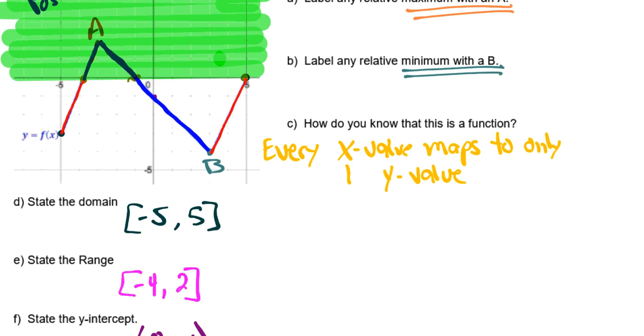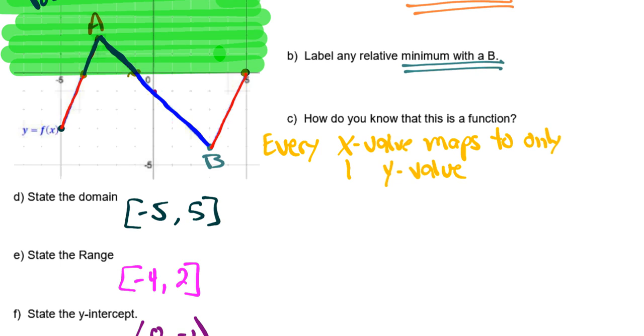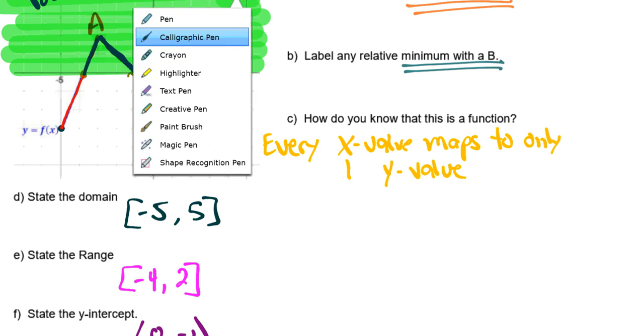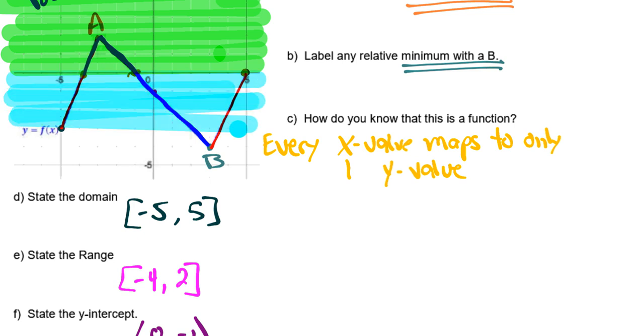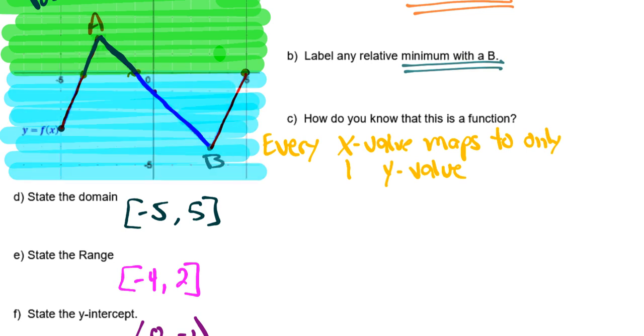Next and last, where it is negative. So where is our graph less than 0? Our graph is less than 0 when I'm below the x-axis. So what I'm looking for is the intervals where my graph is anywhere below the x-axis giving me negative y values.